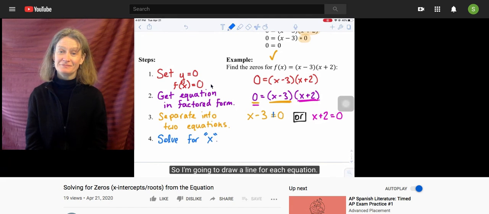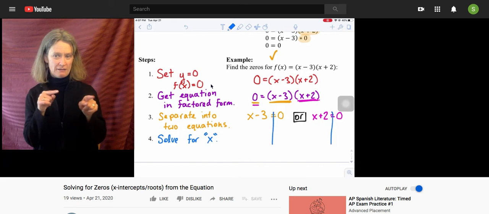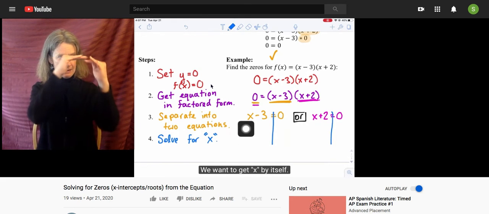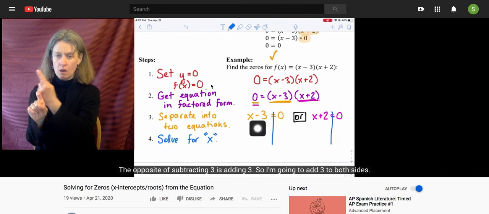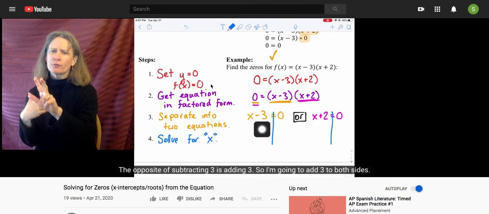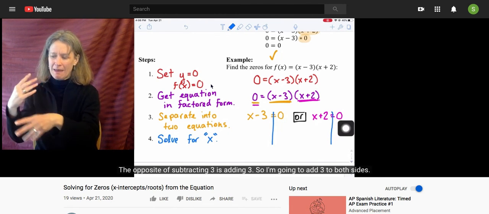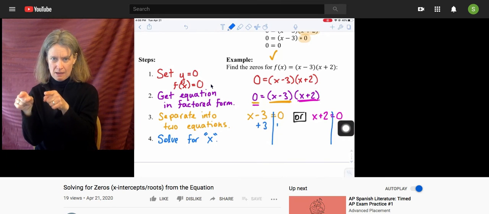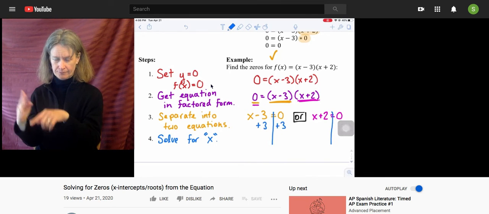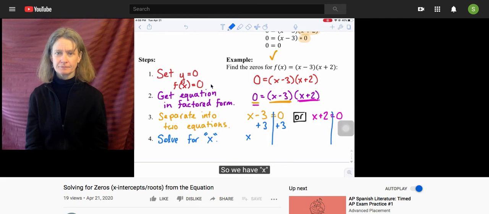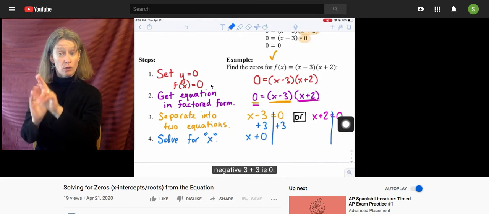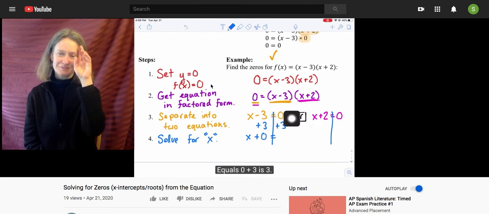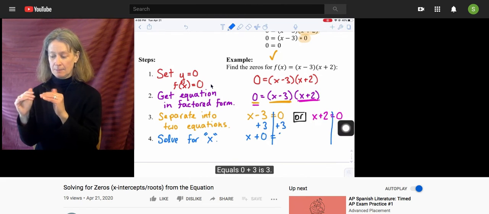So I'm going to draw a line for each equation. We want to get x by itself. The opposite of subtracting 3 is adding 3, so I'm going to add 3 to both sides. So we have x, negative 3 plus 3 is 0, equals 0 plus 3 is 3.